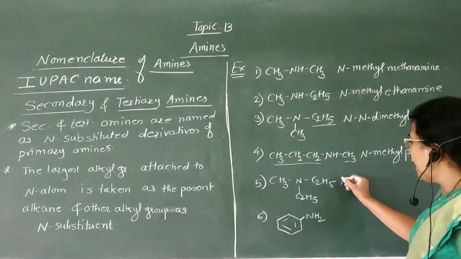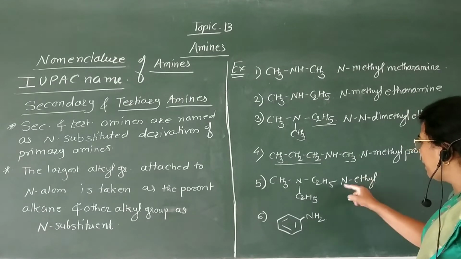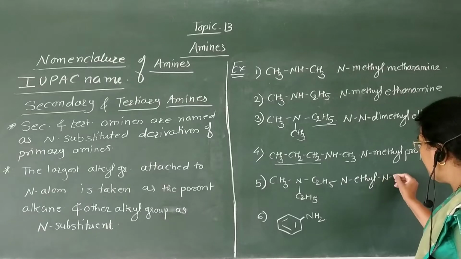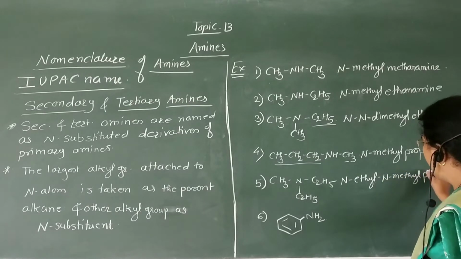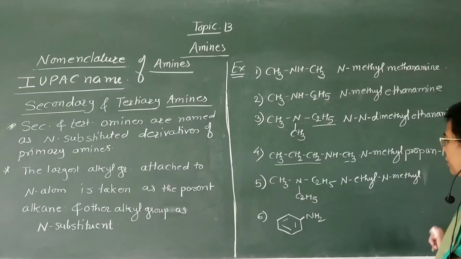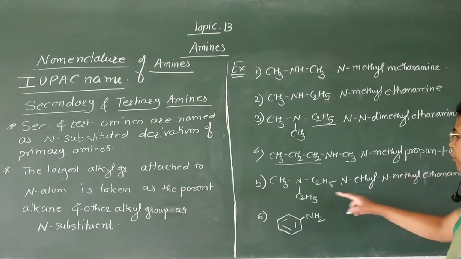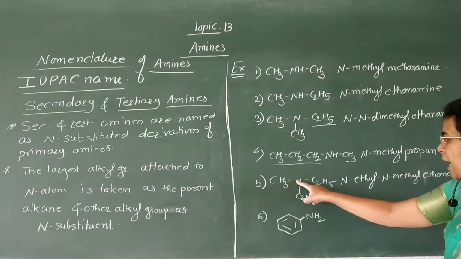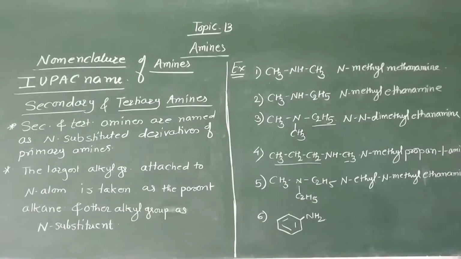Then it becomes N-ethyl. Alphabetically E comes first, therefore it becomes N-ethyl-N-methyl ethane amine. Therefore, the name of this compound is N-ethyl-N-methyl ethane amine.